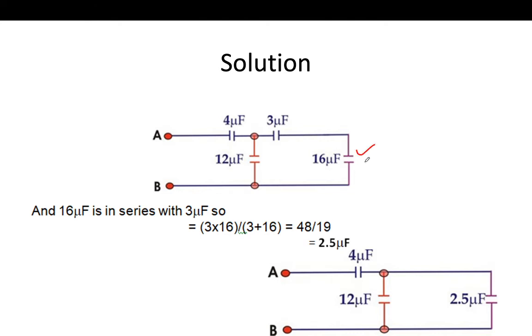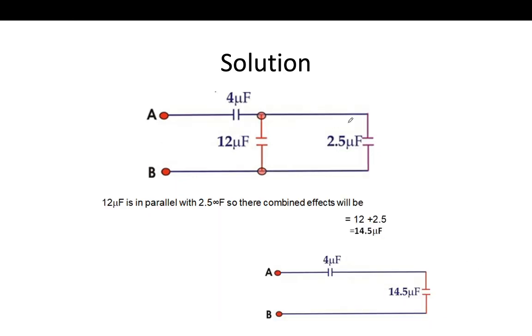The next one is 16 and 3. These two are in series. So what was the series formula? Reciprocal. 3 into 16 divided by 3 plus 16. So the answer is 2.5 microfarad.